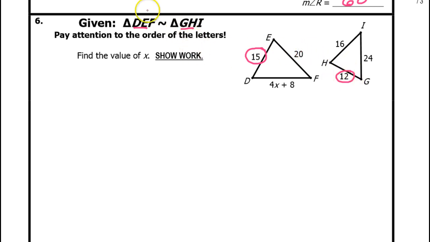Side EF corresponds with HI. That means that DF must correspond with IG. Now I have all the corresponding sides.